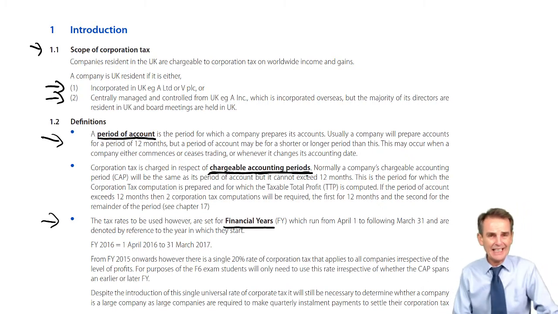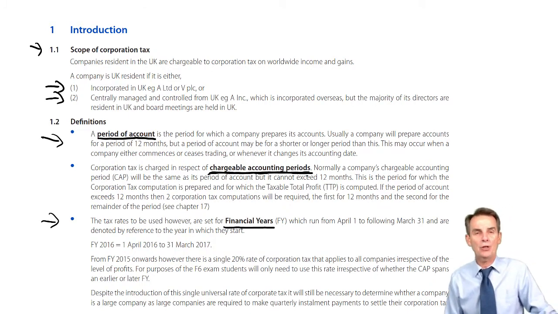And the reason why this is the most important one is that we prepare a corporation tax computation for the chargeable accounting period. We calculate the corporation tax liability, and that corporation tax is payable by reference to that chargeable accounting period.